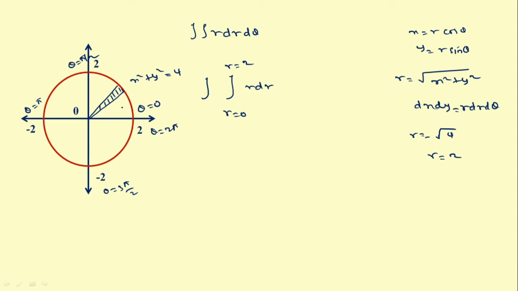So the radial strip travels and takes the rotation from theta equal to 0 to theta equal to 2 pi, a complete rotation, that is d theta. Now see the question: integral 0 to 2 pi, integral 0 to 2, r into dr d theta.